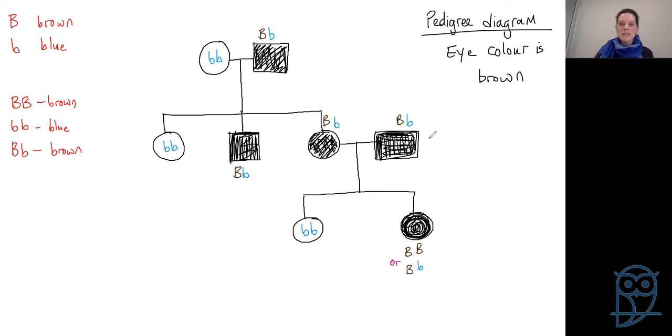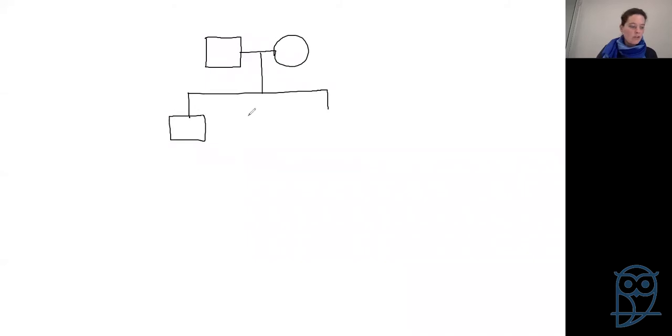Okay, cool. So let us have a look at now a pedigree diagram, and we're combining with a sex-linked characteristic. Each diagram you look at can also be a completely different configuration depending on what details you're given.